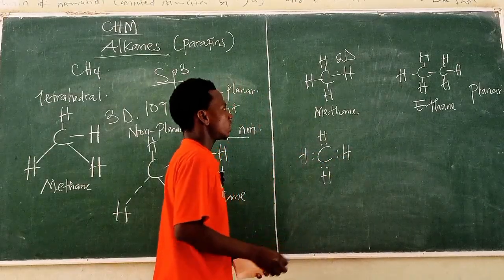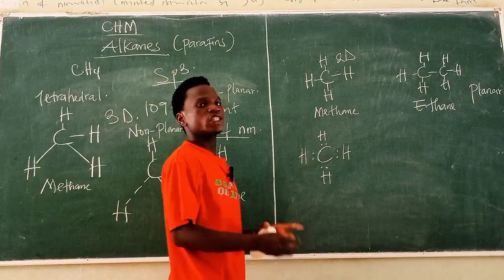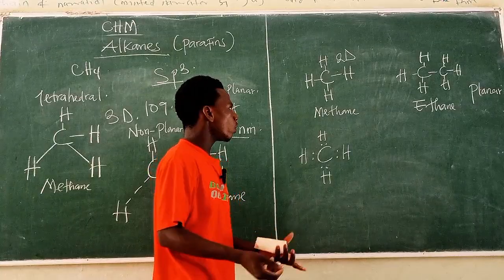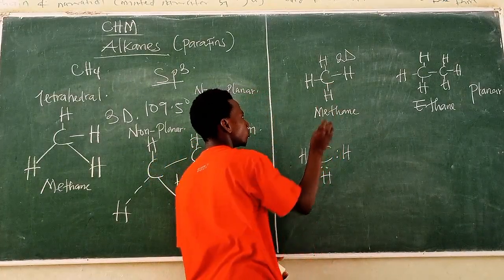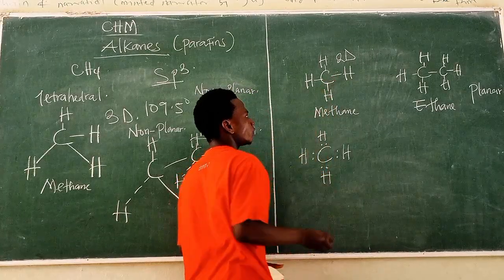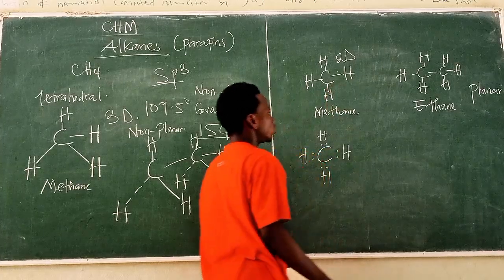Now, take note of this. Each covalent bond in an organic compound contains two lone electrons. Now, this particular covalent bond contains one electron of carbon, and one electron of hydrogen.